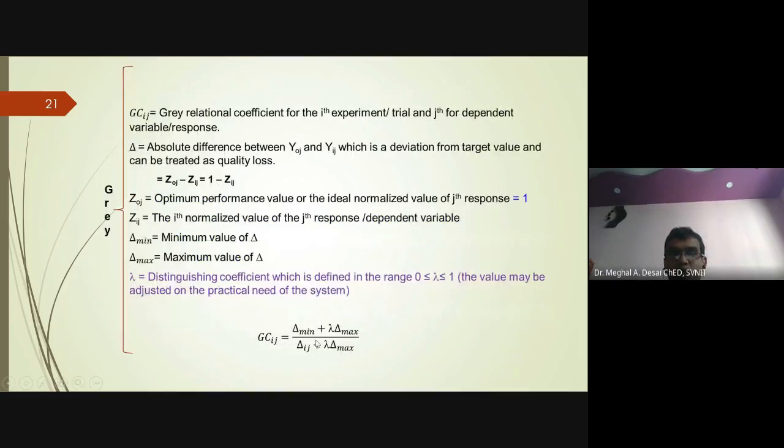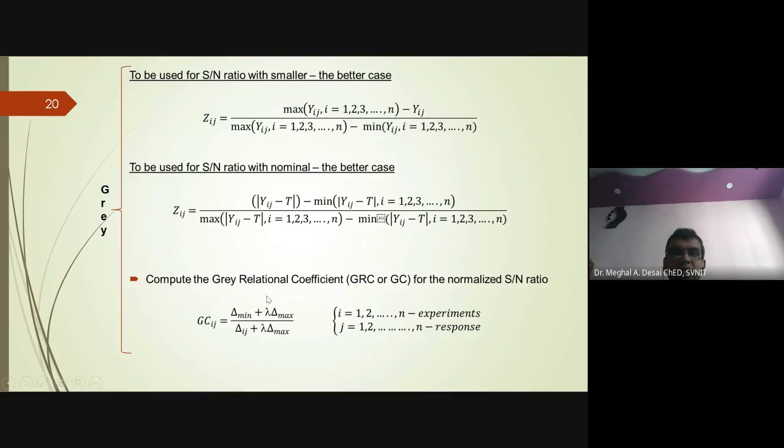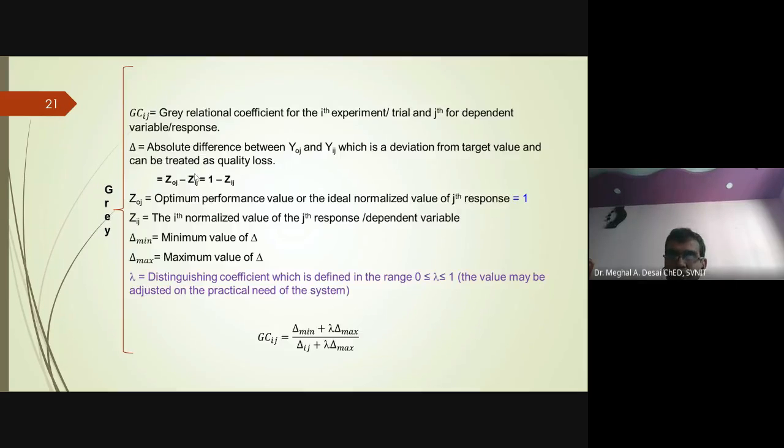Okay, once you are able to find this GC, you will find for all the responses. Similarly, this Z you will find for all the responses. Z value for essential oil, Z value for eugenol, Z value for zone of inhibition. Similarly, GC for yield of eugenol, GC for yield of essential oil, GC for zone of inhibition.